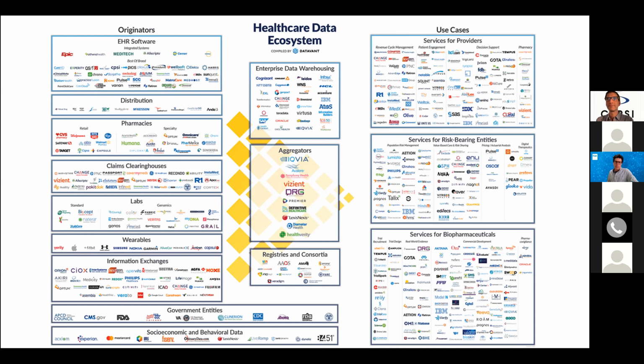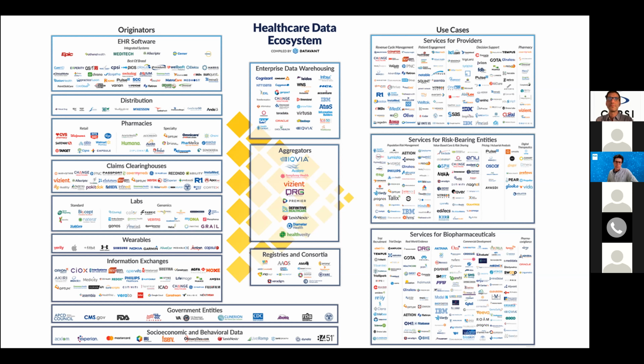So this compilation of the companies involved in the health data ecosystem is a brief introduction to this figure. The column on the left illustrates the various originators of real-world data: the electronic health record companies, pharmacies, laboratories, wearables, et cetera.